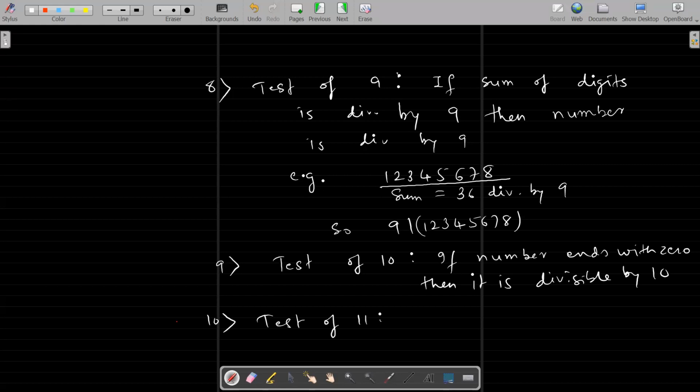In the test of 11, we need to add all the alternate digits starting with the units digit, and the sum should be divisible by 11. Then only the whole number will be divisible by 11. Let me explain with the help of examples. Say 354. Is it divisible? No. 341.